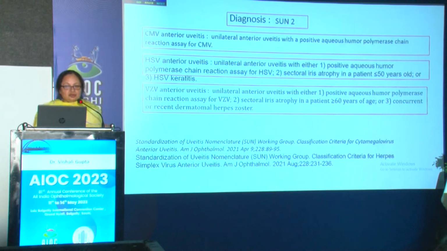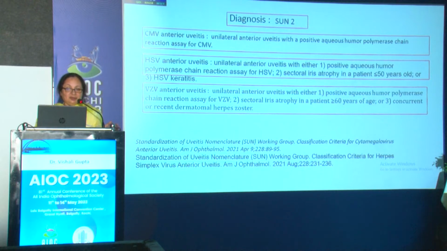Sun 2 did a great job in establishing the diagnosis and gave us very clear-cut criteria for when to diagnose CMV, HSV, or VZV uveitis. CMV is unilateral anterior uveitis with a positive aqueous tap for CMV.